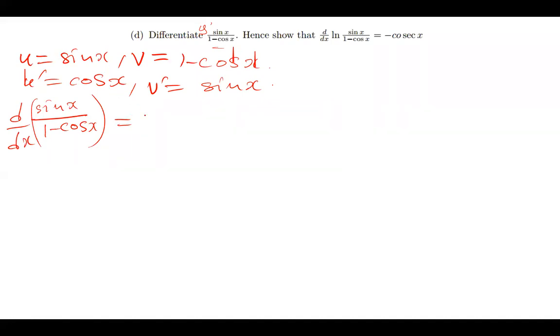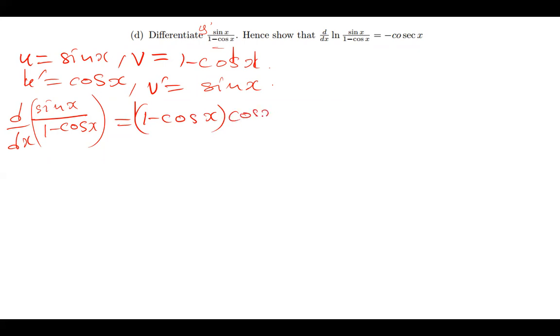you put your values in the quotient rule formula. So we put in all these values that we found. Our v is simply 1 minus cos x. Then we multiply this with u prime, which is just cos x.